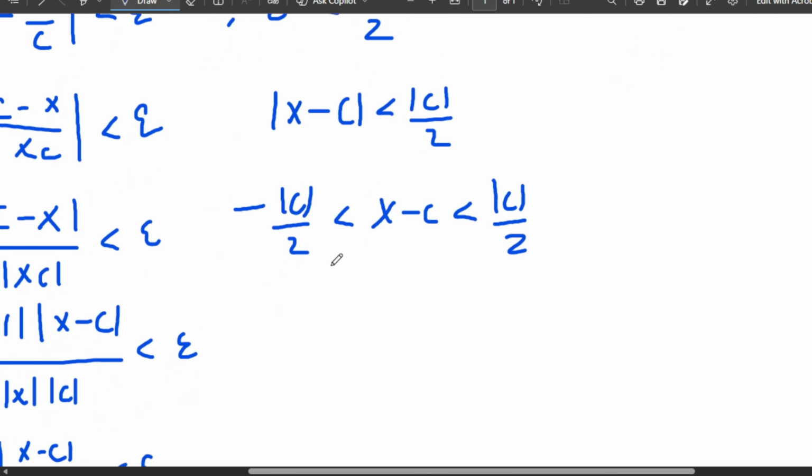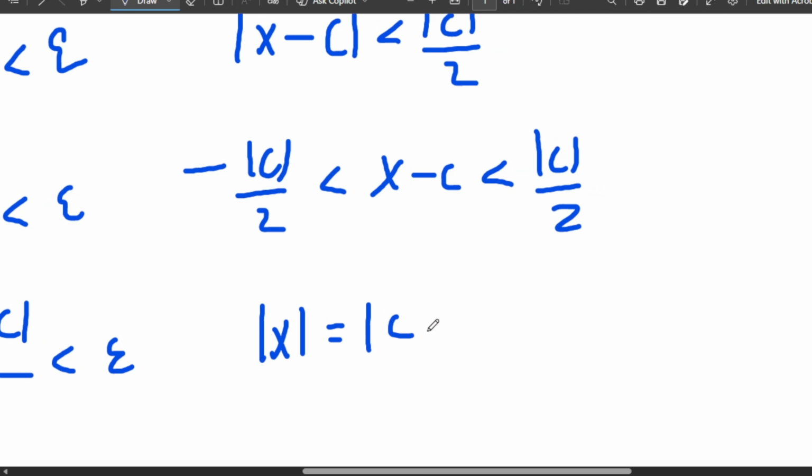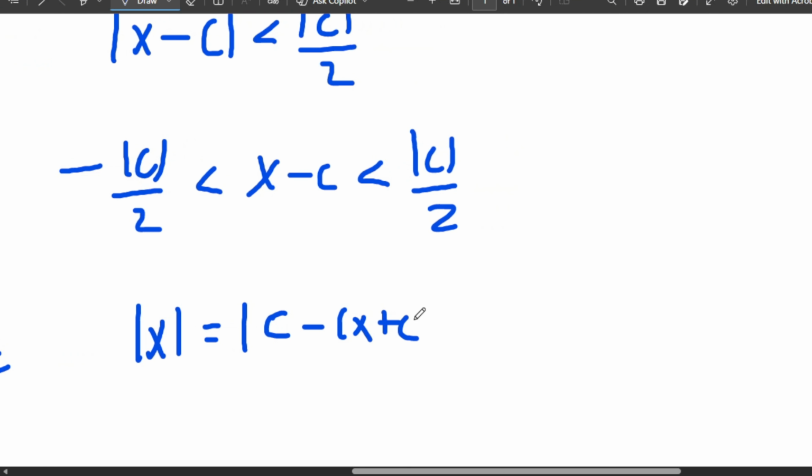We are given that the absolute value of x is the same thing as the absolute value of c minus x plus c. Wait, don't do this. We have to add x minus c.